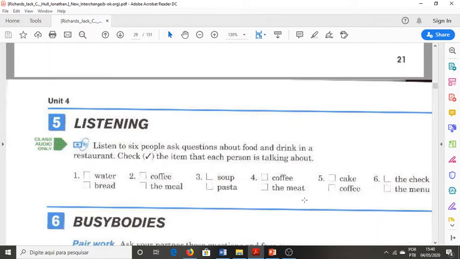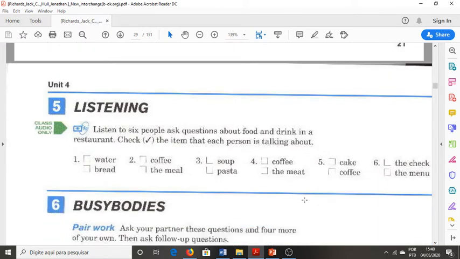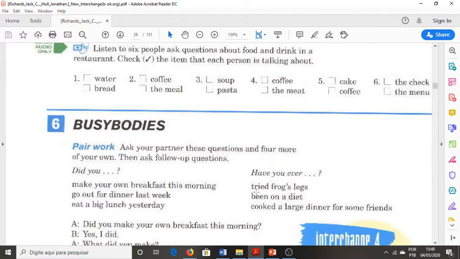After this, there is a listening activity. This listening activity will build up some vocabulary to use later. There's a lot of food-related vocabulary in this listening activity.